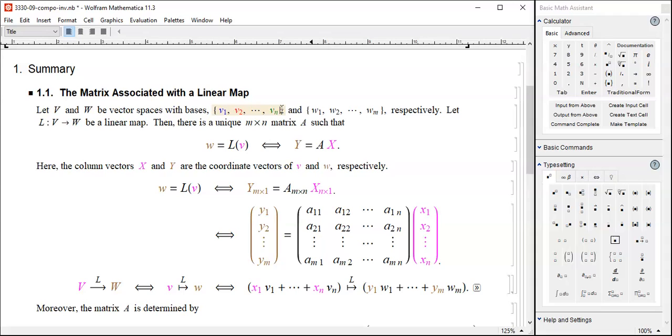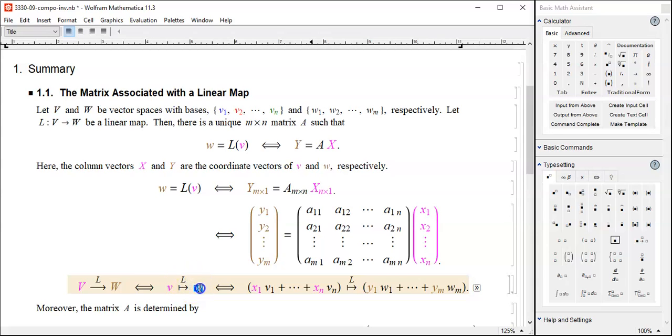The linear combination exists if this is the generator, and then the uniqueness comes from the linear independence, so this expression is unique. This unique expression is called a coordinate expression of this V, and that's what this x1 through xn is all about. Same goes for y1 through ym.